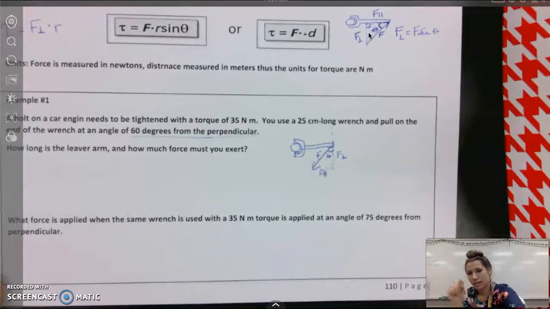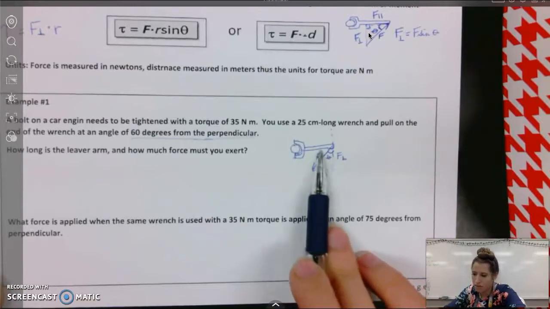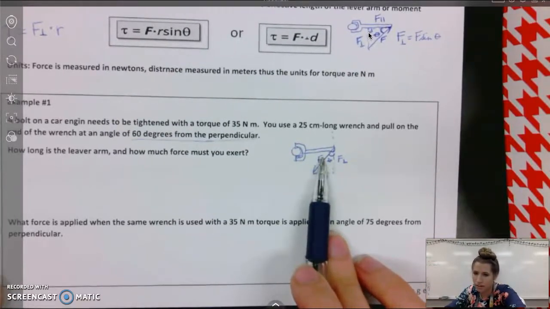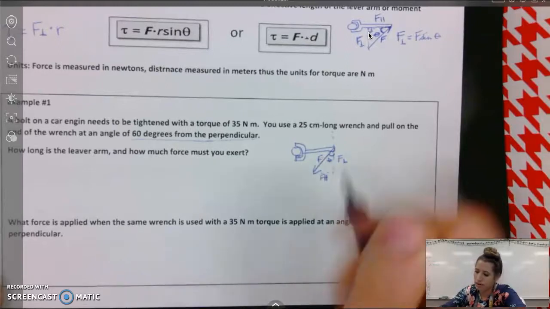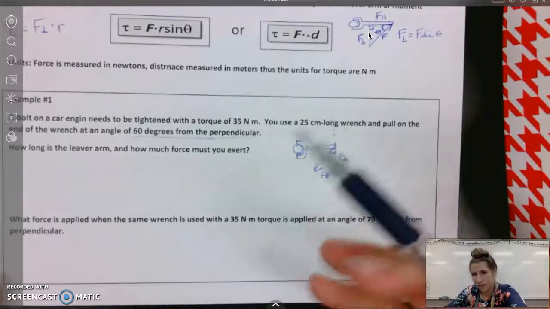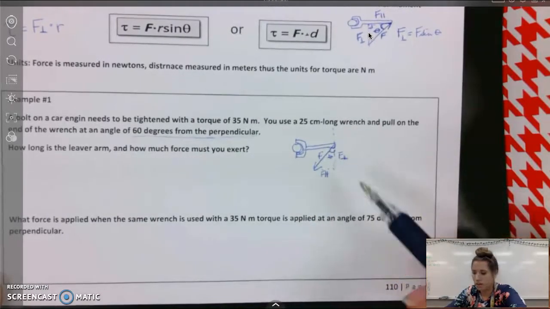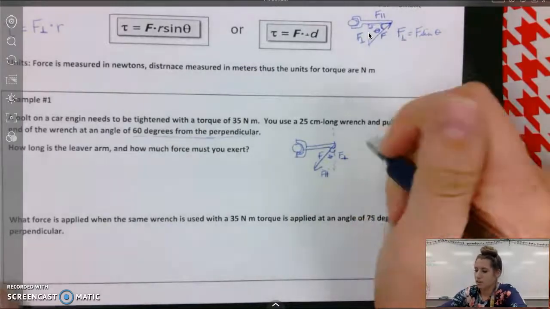And you see now, because we've changed that this is theta from perpendicular instead of from parallel, that now our force parallel is no longer sine of theta for that angle. It's cosine because it's adjacent. Okay? Let's walk through that.